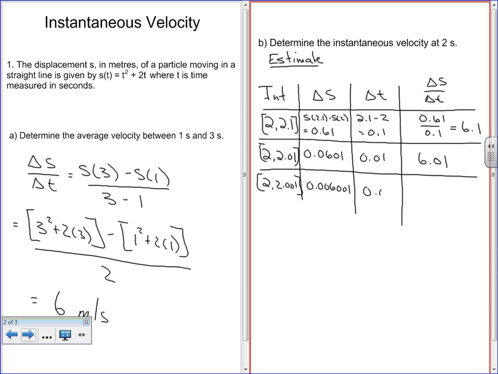Then subtracting the time, you get that. Then dividing, you get that. That gives me an even better estimation, because now I've taken the time interval and made it much, much smaller. If I want a better estimation, what would I do? Make it even smaller. And I keep doing that forever, and that's what calculus is.